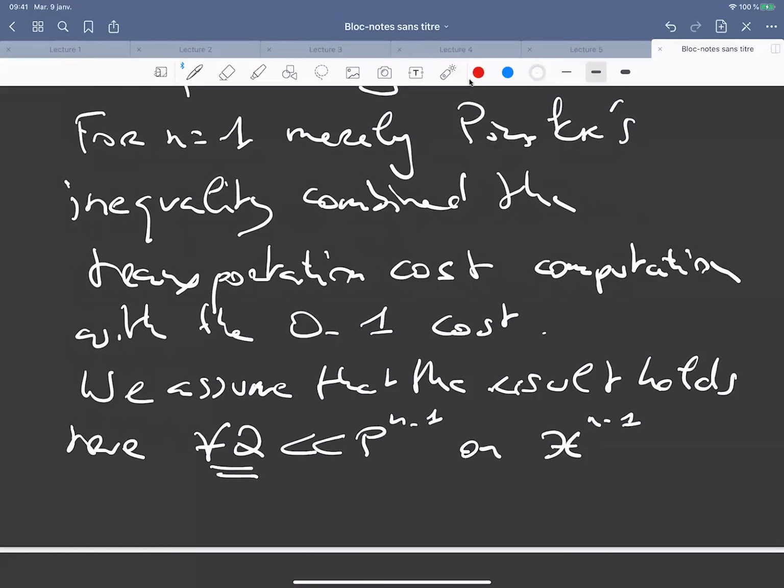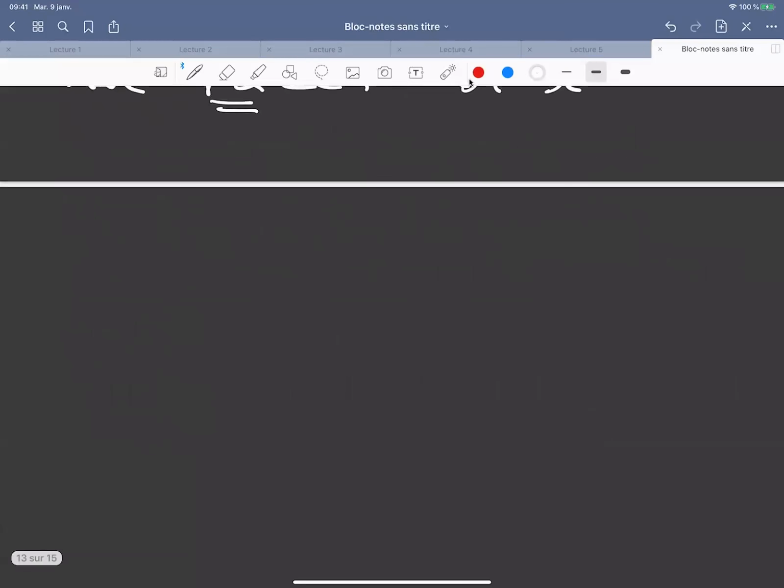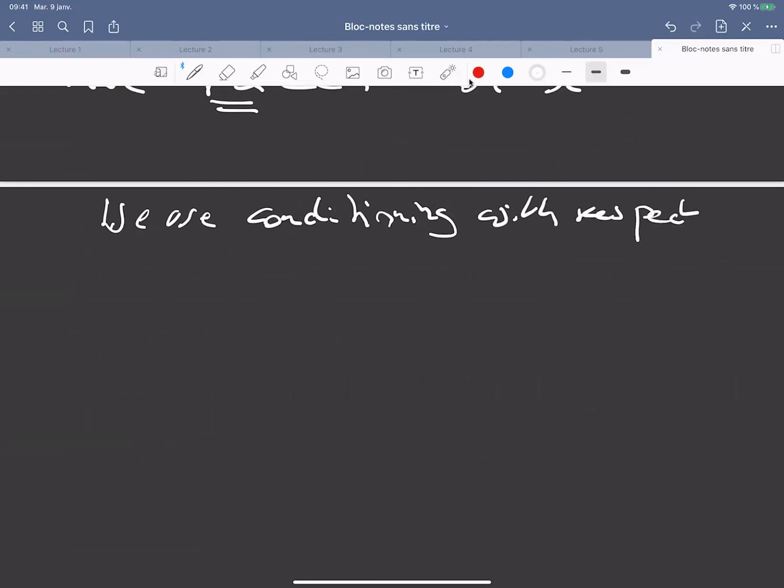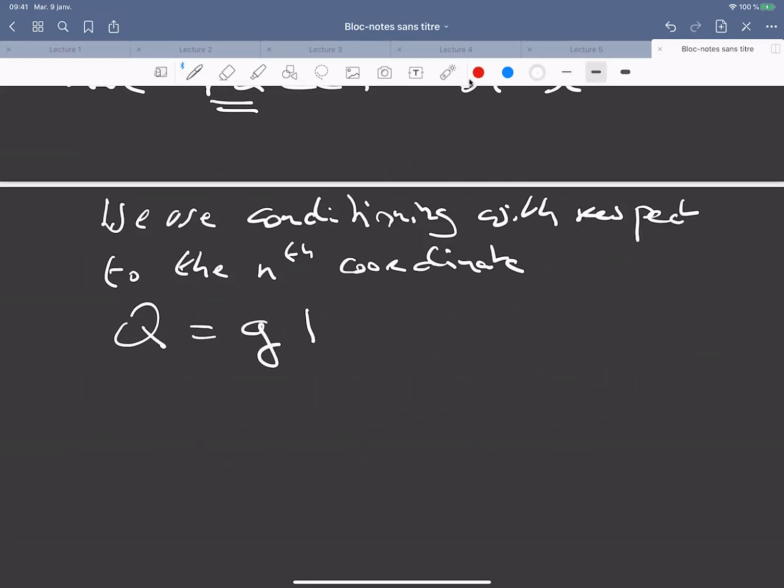So what we do is to use conditioning with respect to the nth coordinate. So we write Q as its density J times Pn on the one hand.